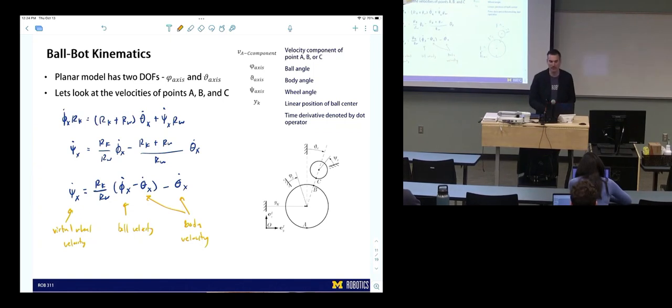So it's unlikely, or at least up until the last week, we weren't really planning on using this equation in the actual control. Something that I want you to know and be exposed to is how the motions of these different angles relate to the rotation of the different components. But it is possible that we change the control and then use it, in which case you'll hear about it more later.